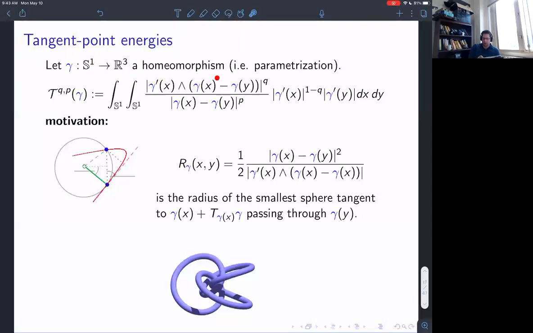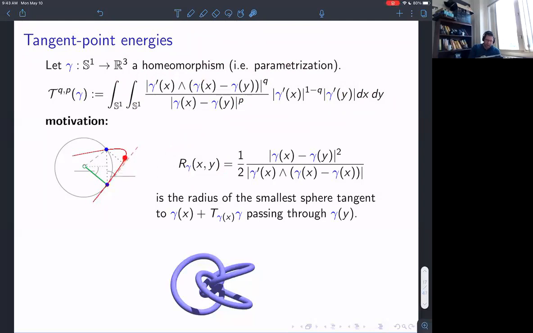Let's take a homeomorphism, again this knot, an embedding of a circle, maybe topologically a bit interesting, so a knot. Then you have this expression, which is pretty meaningless. So what is this expression? Well, if q equals 2 and p equals 4, this expression is 1 over R, and this R is the following radius.